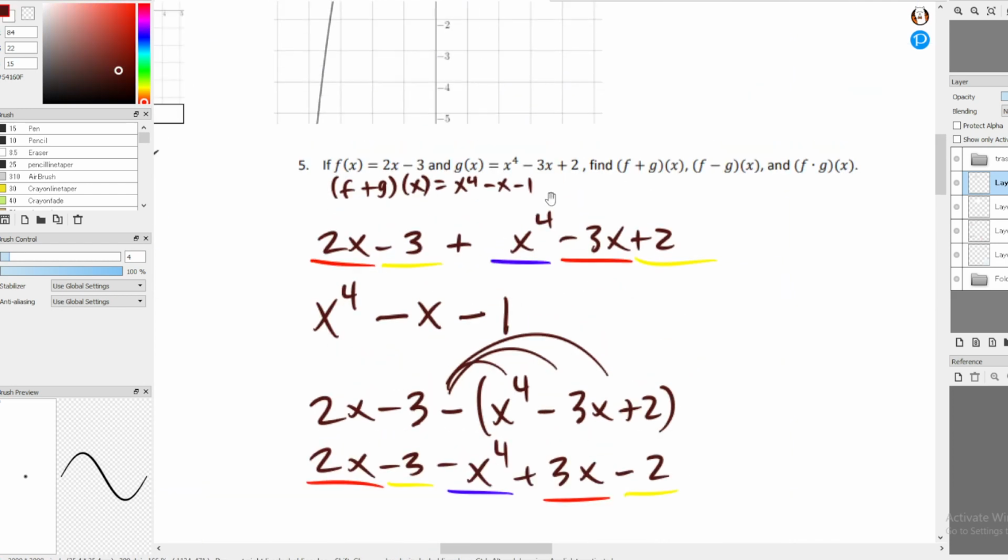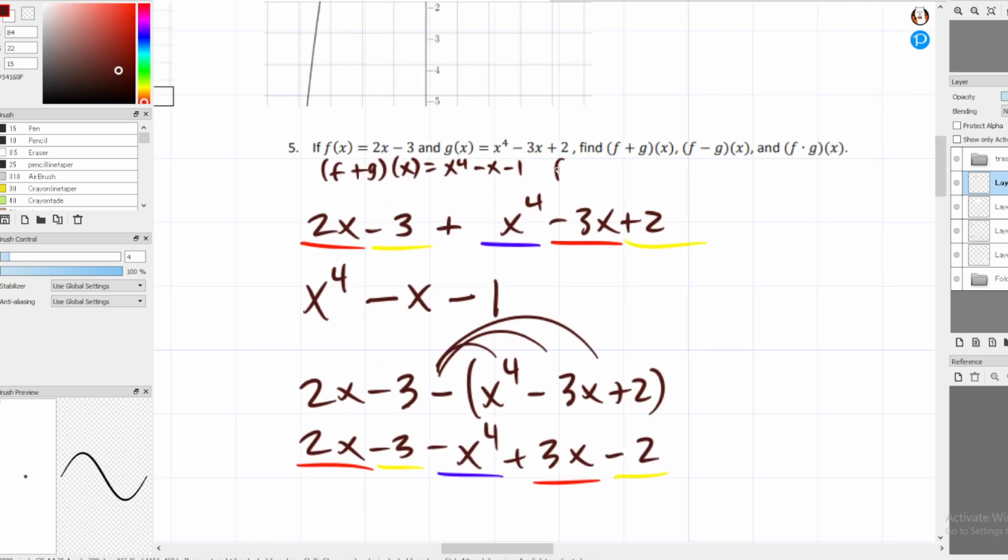So we will end up with f minus g of x is equal to negative x to the 4th power, and then it would be plus 5x, and then it would be minus 5.